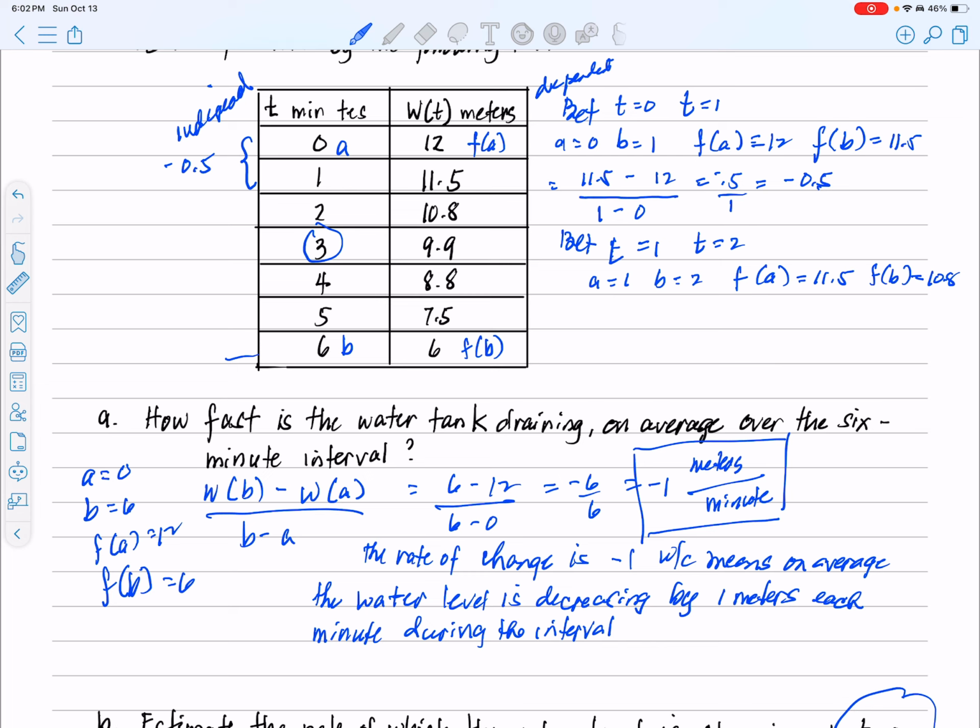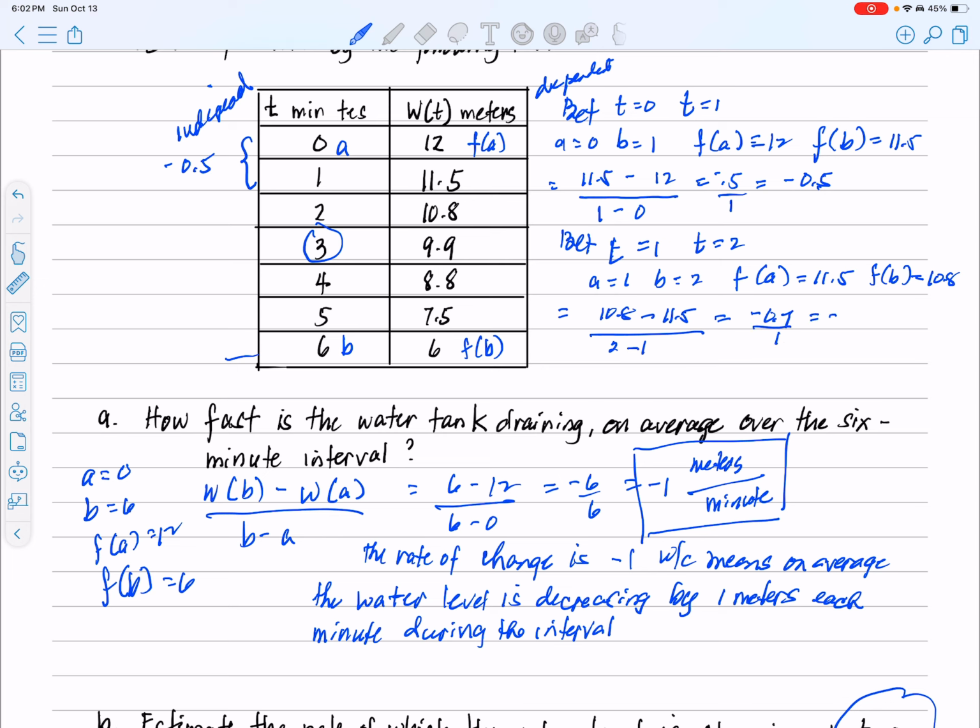Okay, so in this case, we have 10.8 minus 11.5 over 2 minus 1. 10.8 minus 11.5, we have a negative 0.7 over 1.